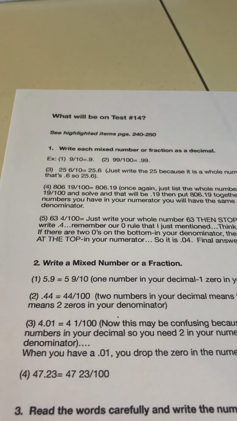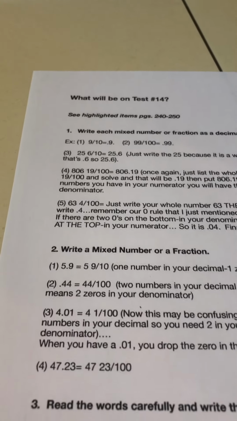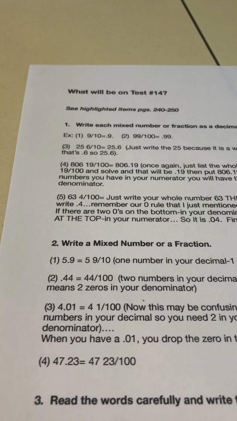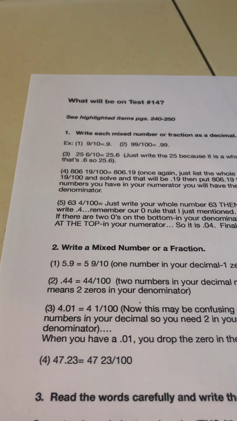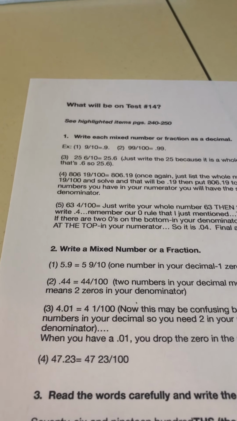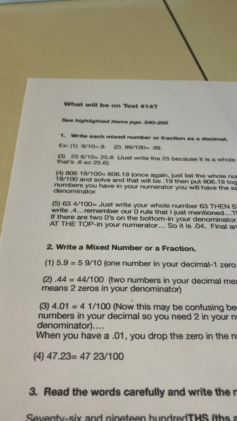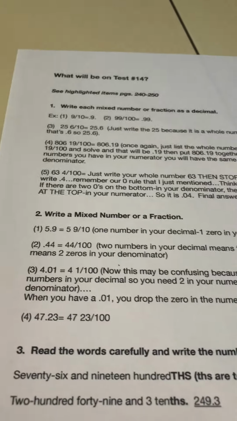Makes sense? Then you have 47.23. It's just going to be 47. That's your whole number. And then your decimal part will be 23 over 100. There we go back to the zeros. There are 2 numbers in your numerator. There are 2 zeros in your denominator.